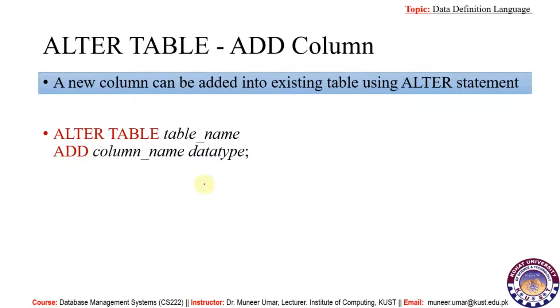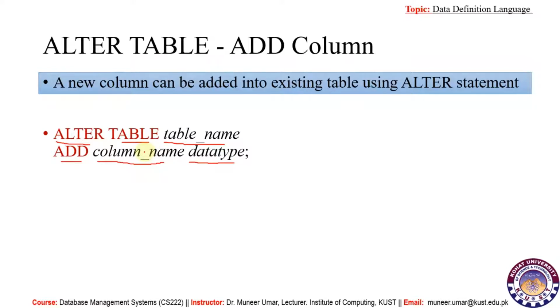For adding a new column, we must type alter table, then the name of the table, and after that we must type the keyword add to add a new column, and the name of the new column which will be added in the existing database table, and also we must supply the data type of the new column.